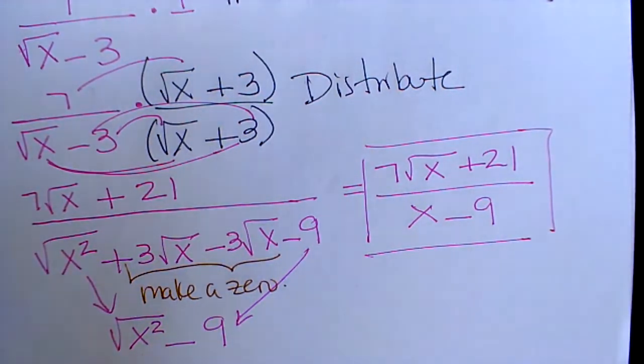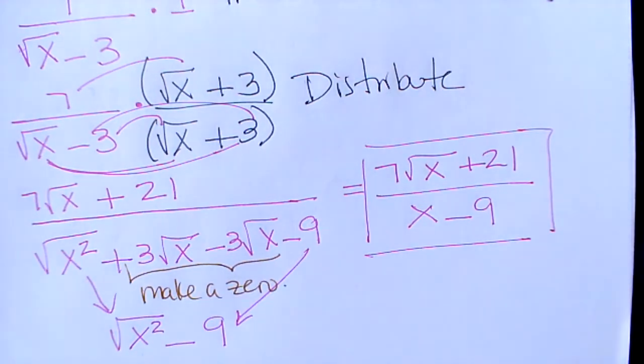And here are some examples that we're going to go over. All right, here's the next one. Six divided by 2 minus the square root of 7.